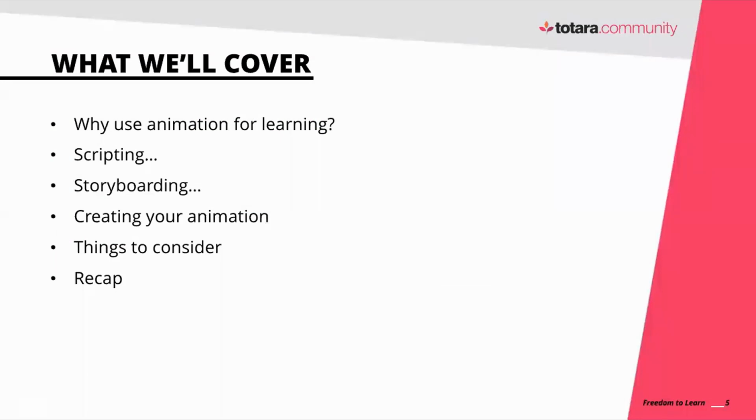Or at the other end of the scale, you might be a one-person production house that does absolutely everything. So we're going to go through today, firstly, why might you use animation for learning? We'll bring up some considerations there. Then we'll look at scripting and animation, storyboarding and animation, then some aspects of creating it, and then a few considerations like accessibility. And then we'll do a quick recap at the end.